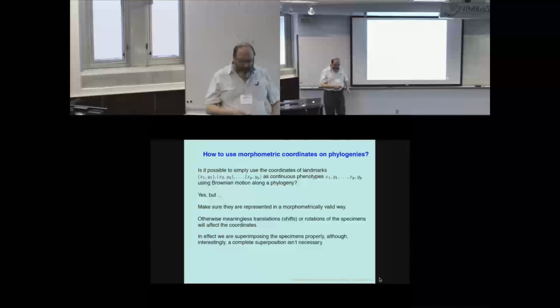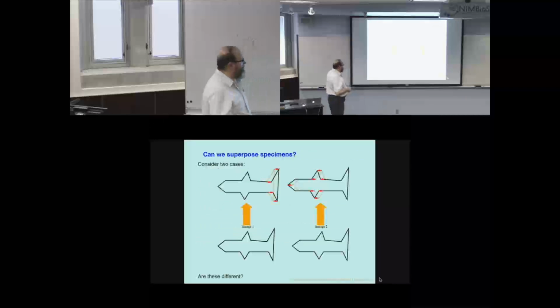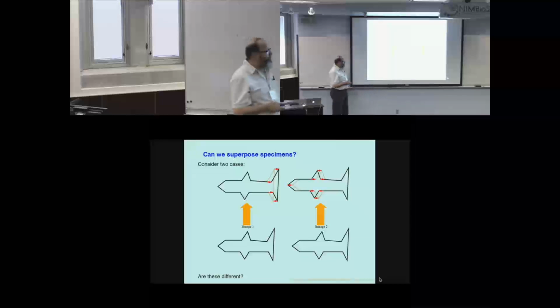Okay. Now, you might think it's a matter of superposition, but here's a problem with superposition. Here are two lineages evolving. This form here is a fish. It's got 13 landmarks, the points where the corners here. They're identical.